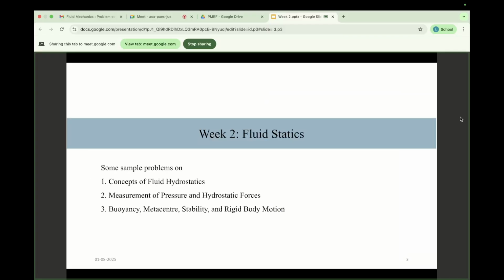Before diving into this week's content, let me tell you one thing. While discussing the topics, I will solve a few numericals, because this live interaction session will help you solve the assignment provided for this course. Basically, the problems I am going to discuss are from the previous year's assignment.